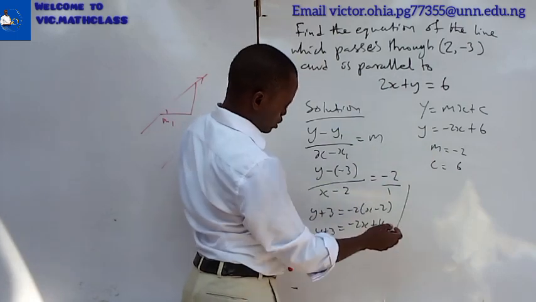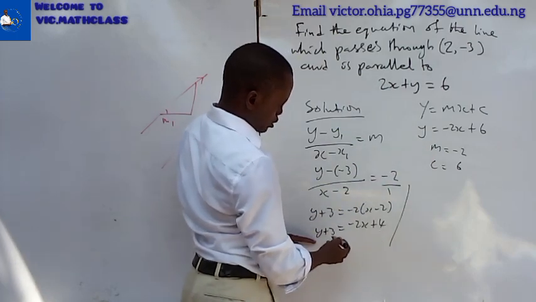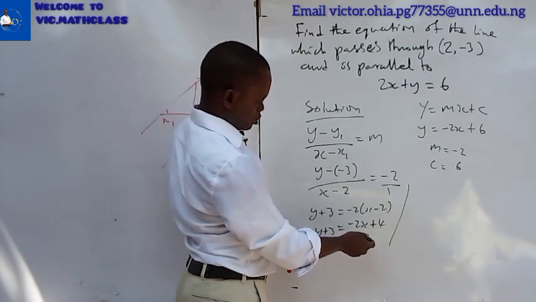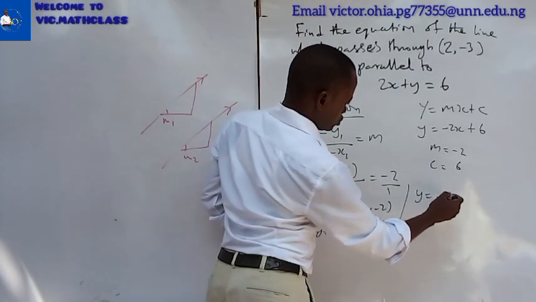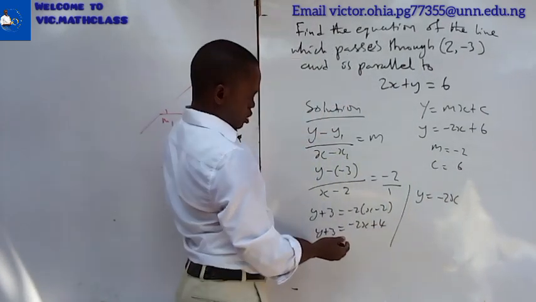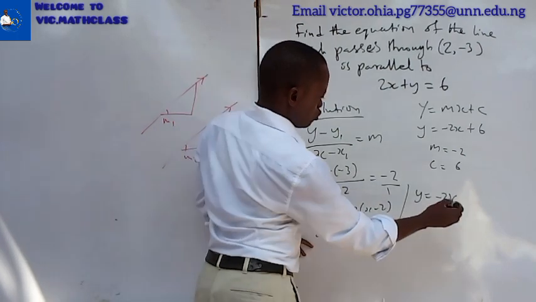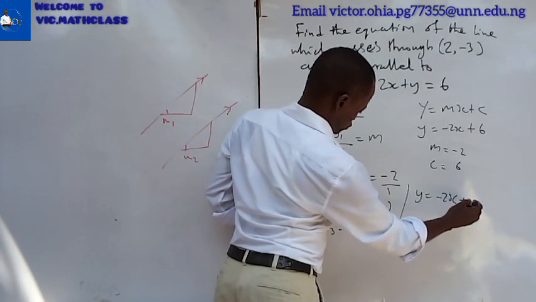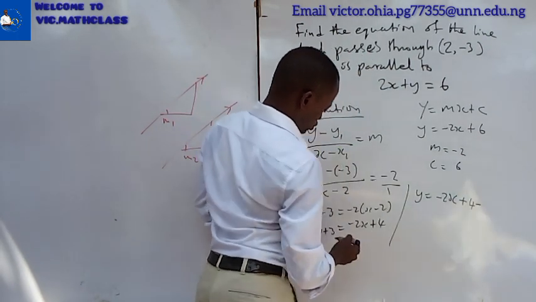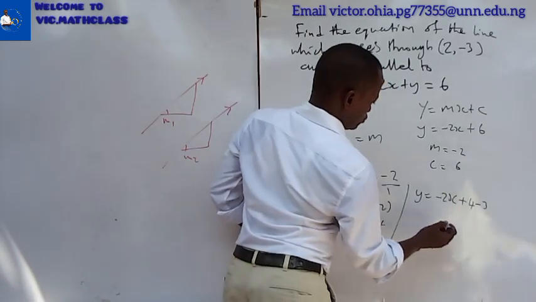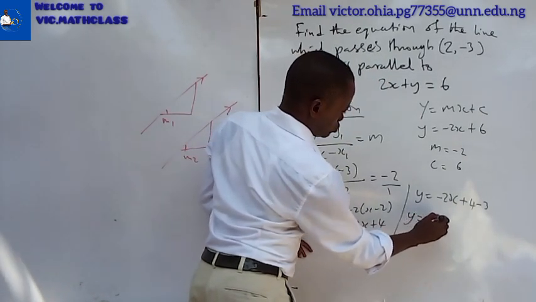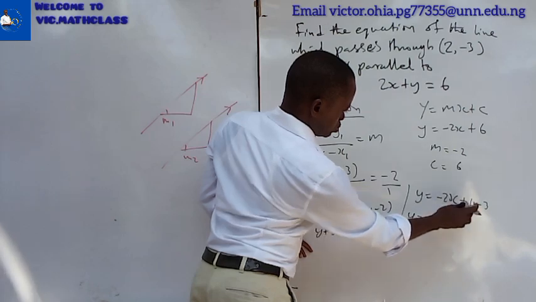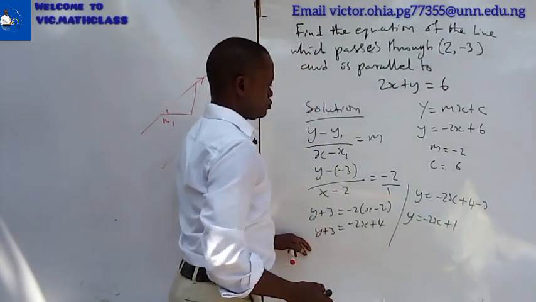I transfer the 3 over there and have y equals minus 2x plus 4 minus 3, so I will have y equals minus 2x plus 1.